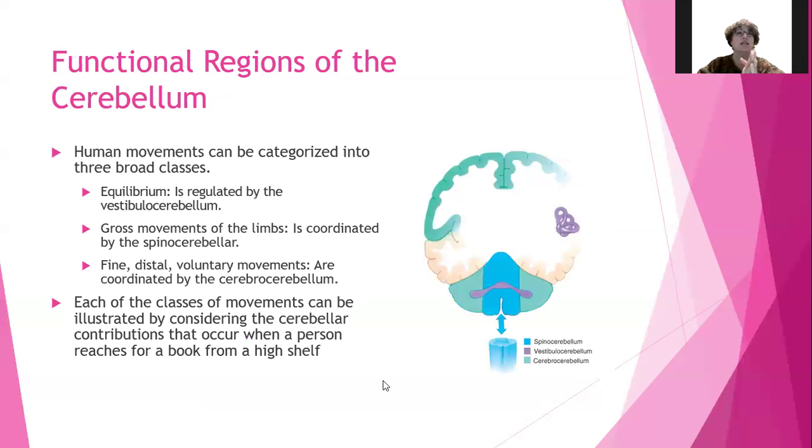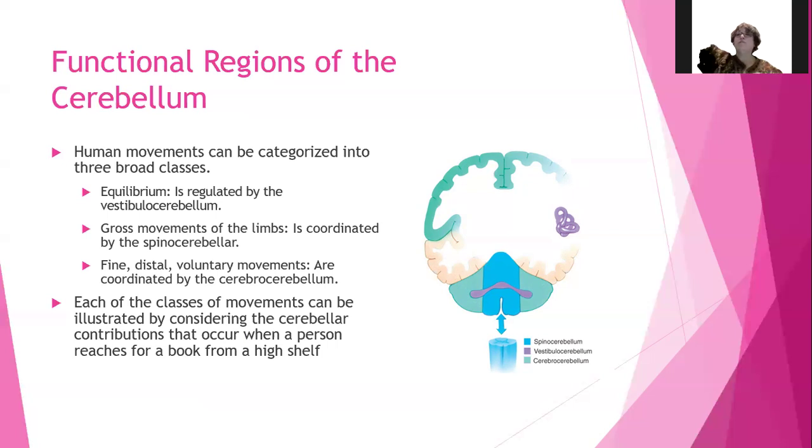Lots of information. Human movements can be categorized into three broad classes: equilibrium, gross movement of the limbs, and fine distal voluntary movements. There are different areas of the cerebellum that are responsible for those three broad classes, and I don't expect you to know the individual areas. Each of the classes of movement can be illustrated by considering the cerebellar contributions that occur when a person reaches for a book on a high shelf.